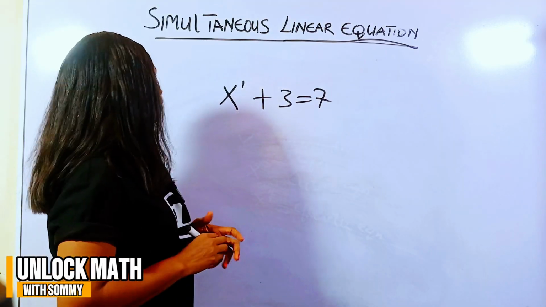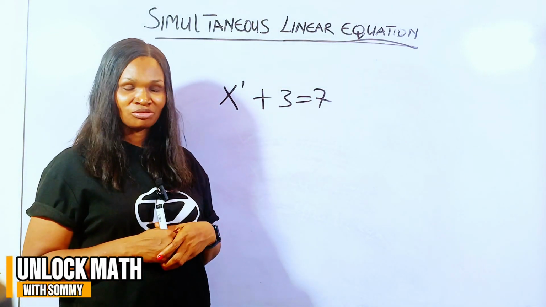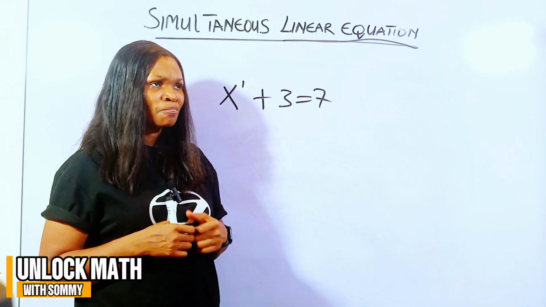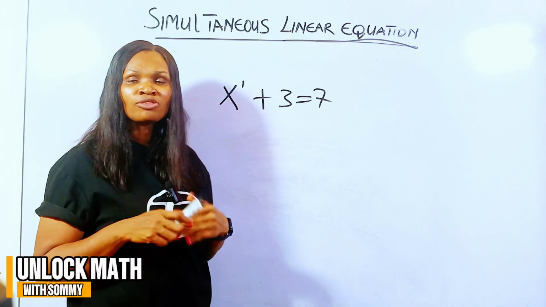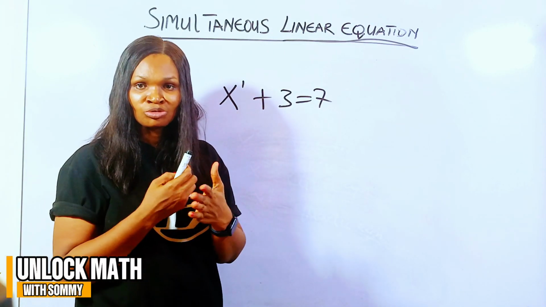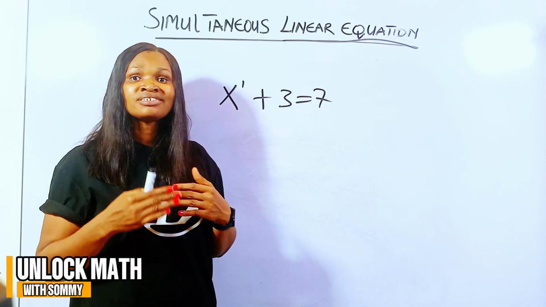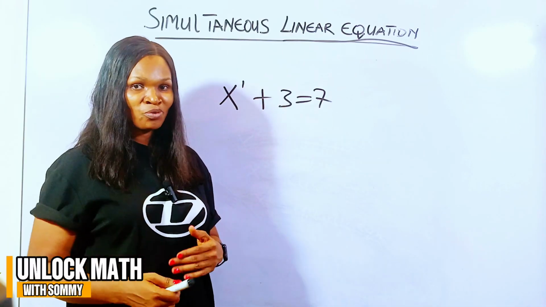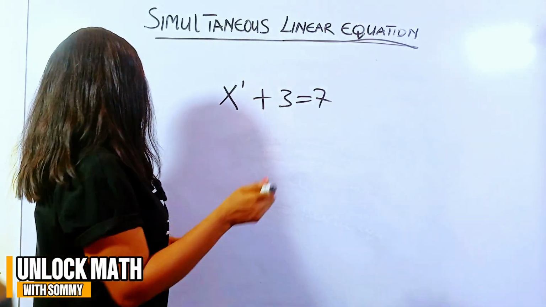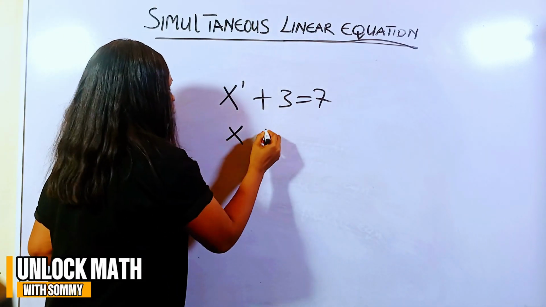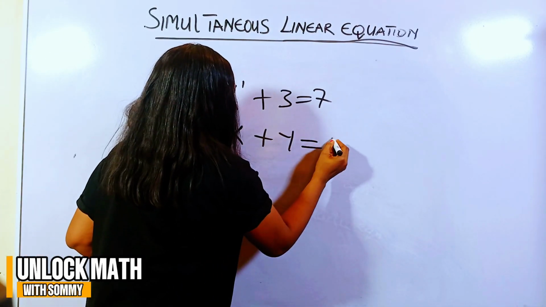We now talk about simultaneous linear equations. What does it mean? Whenever you have one or two linear equations to solve, we call it a system of linear equations. Example, we can have s plus y is equals to 5.